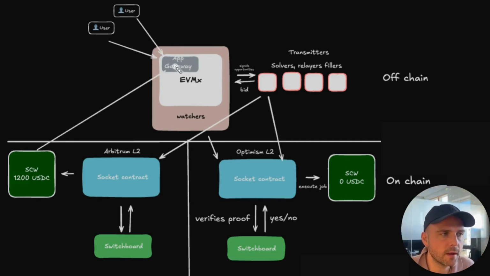Remember, the app gateway has this unique ability to virtualize on-chain contracts, and hence it can very easily read from each of these smart contract wallets how much balance of locked tokens there is. So in this case, the total global balance or chain abstracted balance is a total of 1,200 plus 0, which is the 1,200. Hence, the user has enough to deposit $1,000 on Optimism Aave.